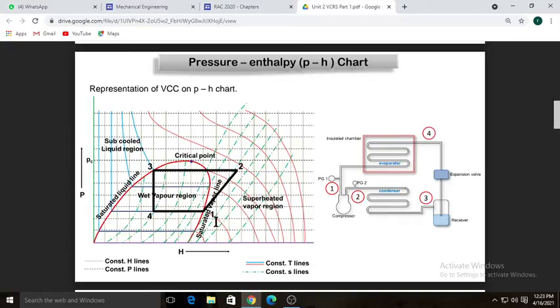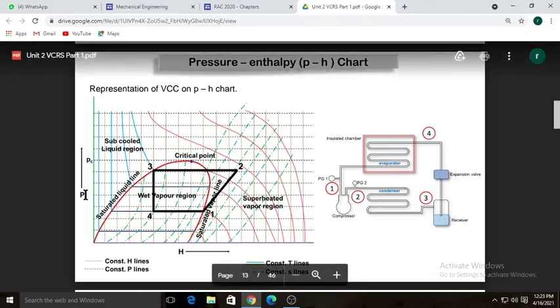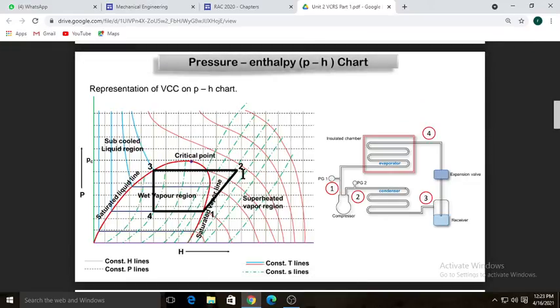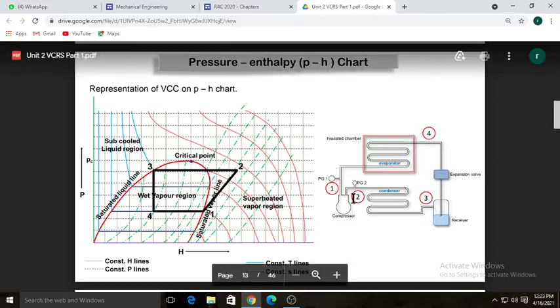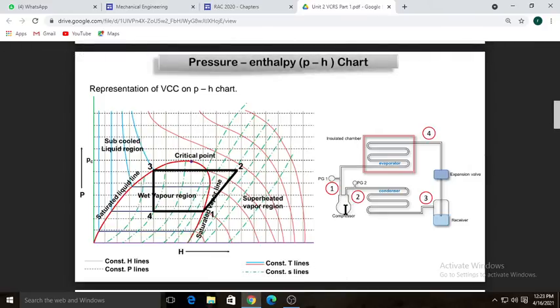Here you can see 1 to 2, which is the process of compression. In this compression process its pressure increases, and as the pressure increases, its temperature also increases and its enthalpy also increases. At point 2, this high pressure vapor refrigerant comes inside the condenser and moves to point 3. You all know that inside the condenser we condense the high pressure vapor by reducing its temperature.